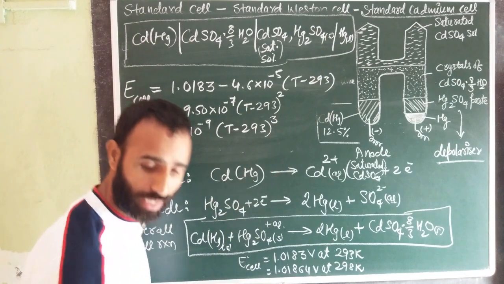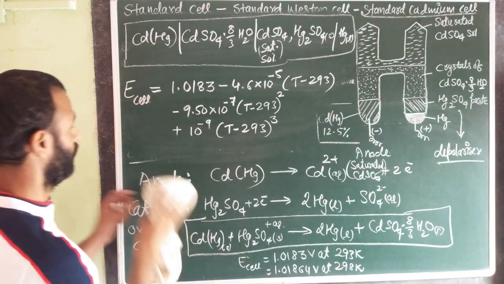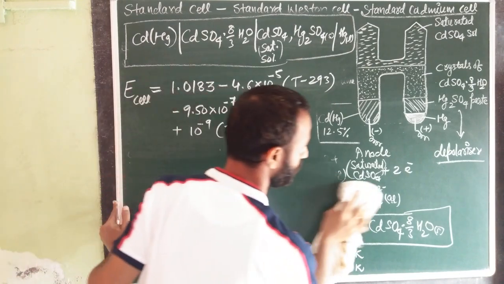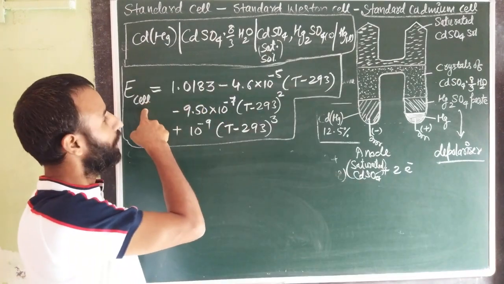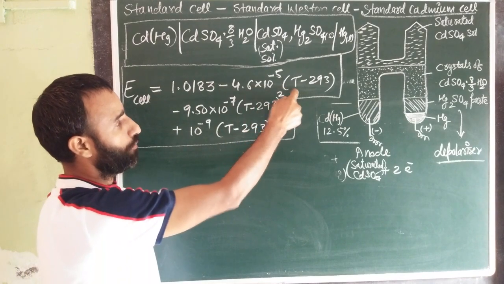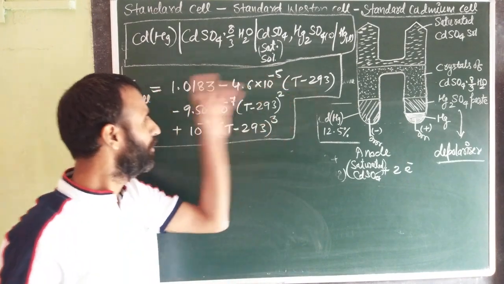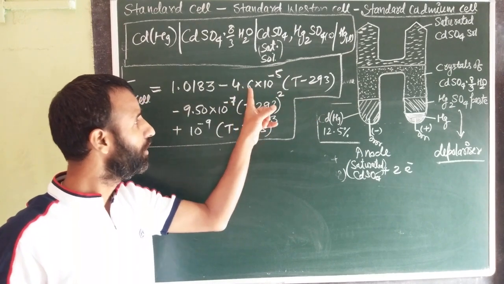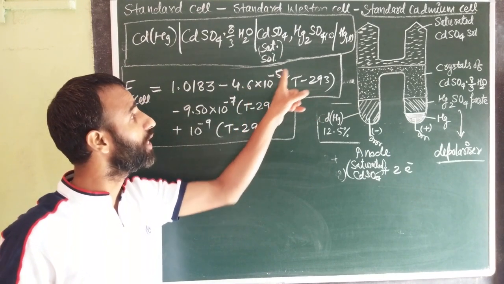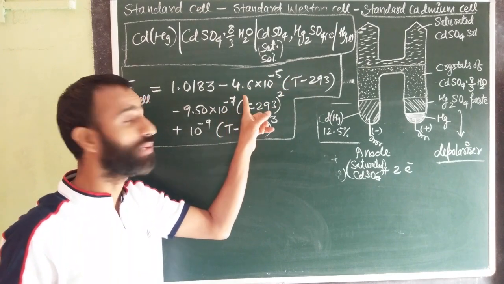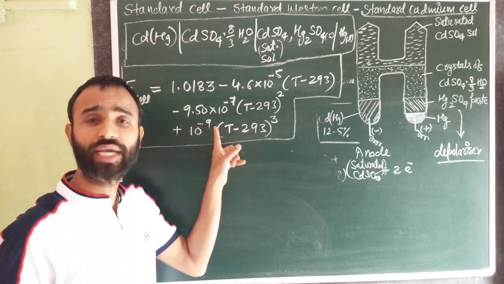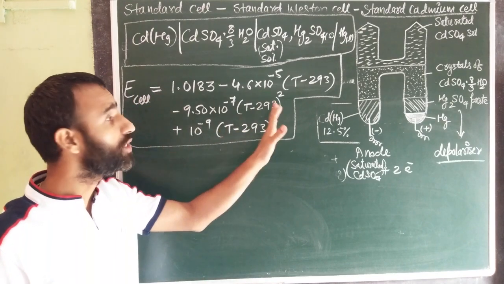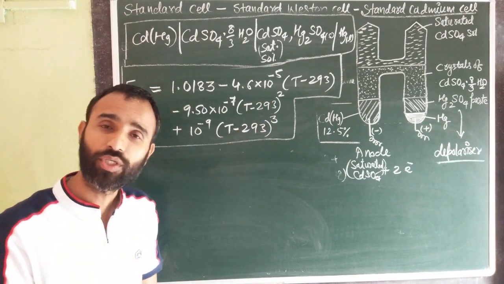This is the relation for EMF with temperature. So you can see there is very little dependence of E cell on temperature. The coefficients are minus 4.6 into 10 to the minus 5, 10 to the minus 7, 10 to the minus 9, almost negligible. That's why the EMF of the cell does not change much with temperature.